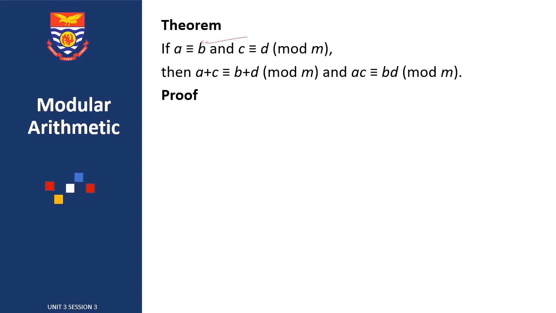If you call the first congruence equation 1 and the second equation 2, then equation 1 plus equation 2 gives this one, and equation 1 times equation 2 gives the other one. They are all true.